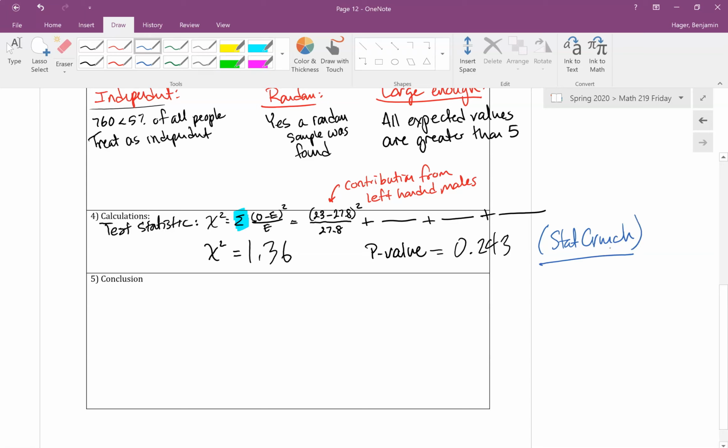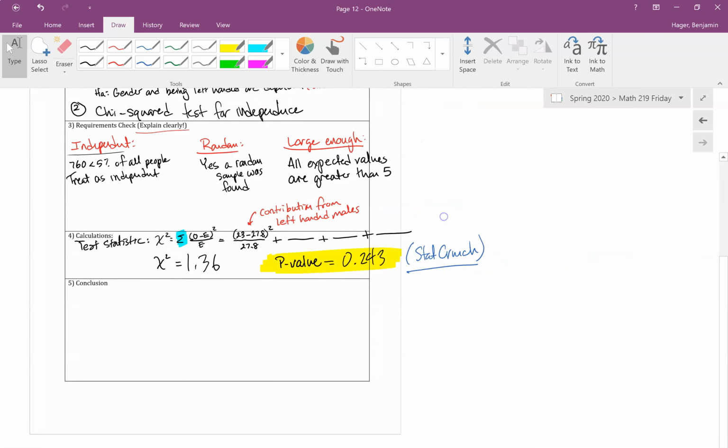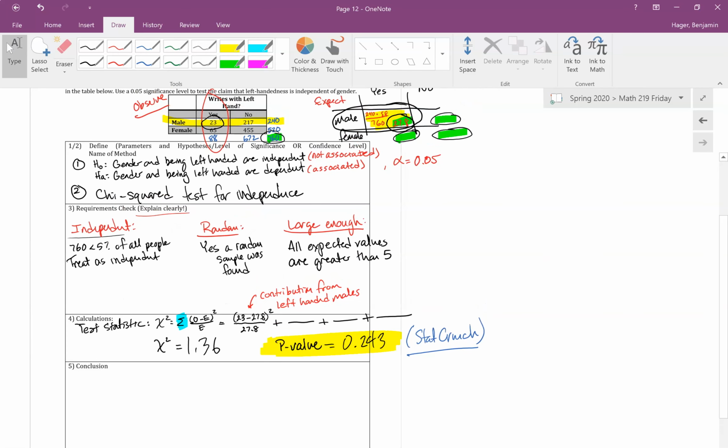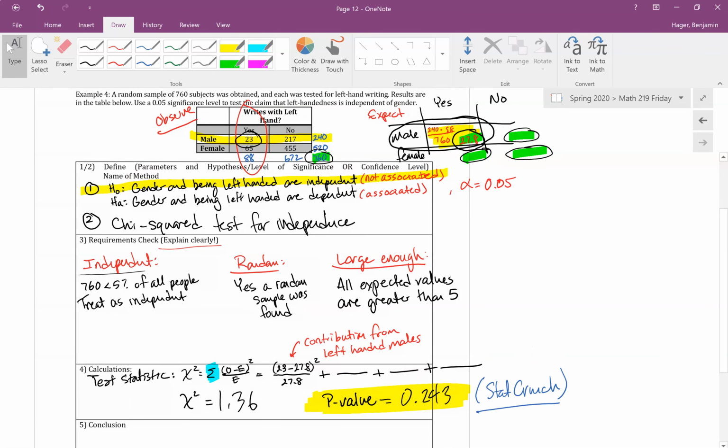All right, and so my conclusion. Looking at the p-value, remember, I only reject the null if the p-value is below my alpha. The idea here is that if the null is true, if there truly is no association between gender and being left-handed, then there's a 24% chance that I would get the data I got.